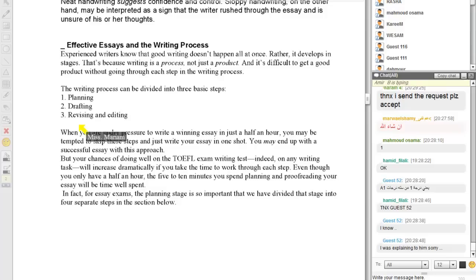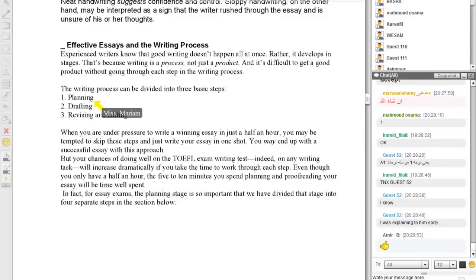Anyway, we have to have our own plan to organize our thoughts and ideas, and then make a draft, and then revise and edit in this sequence.